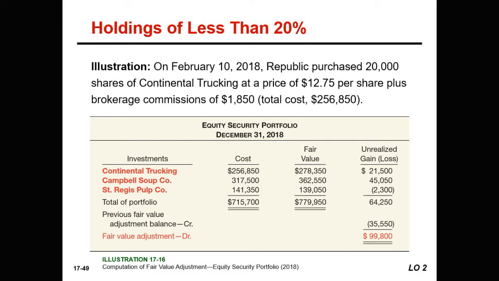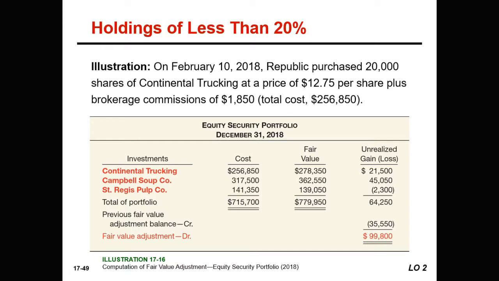On February 10th, 2018, Republic purchased 20,000 shares of Continental Trucking at a price of $12.75 per share, plus brokerage commissions of $1,850. This brings their total cost to $256,850.